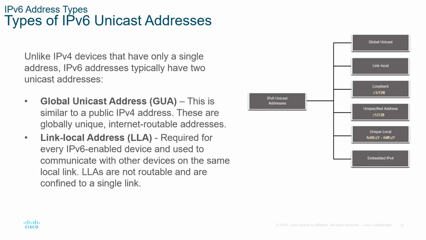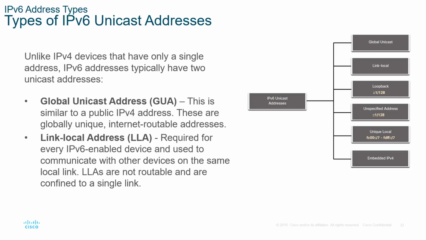The GUA is similar to a public IPv4 address. These are globally unique and routable through the internet. The link local addresses are required for every IPv6 enabled device and are used to communicate with other devices on the same local link.